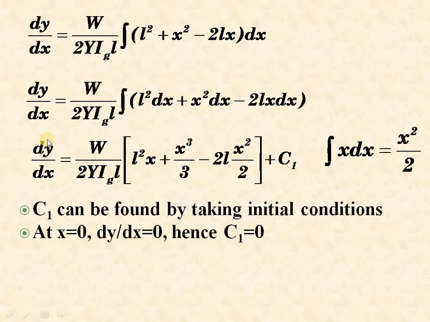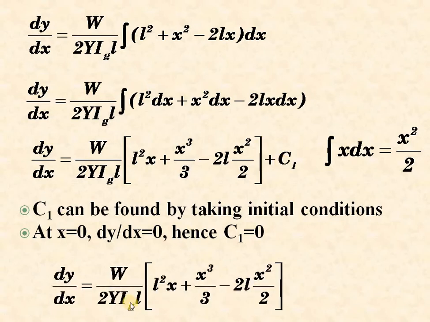So when you put 0, 0, 0, you will get c1 is equal to 0. So our c1 got removed, and now you have simply dy by dx equal to w by 2YIL into (L square x plus x cube by 3 minus 2Lx square by 2).